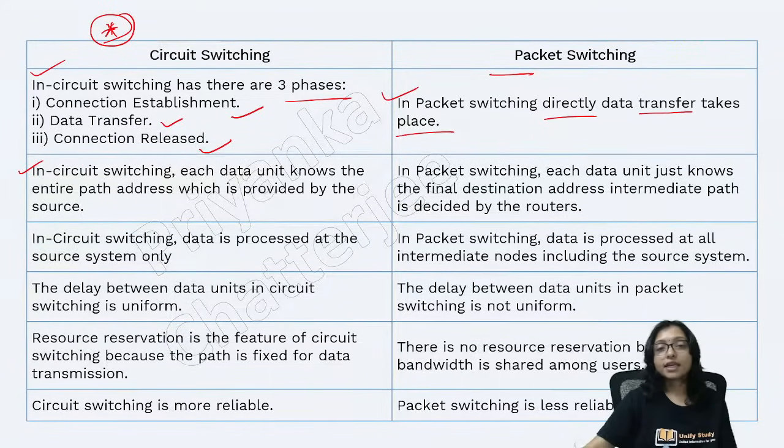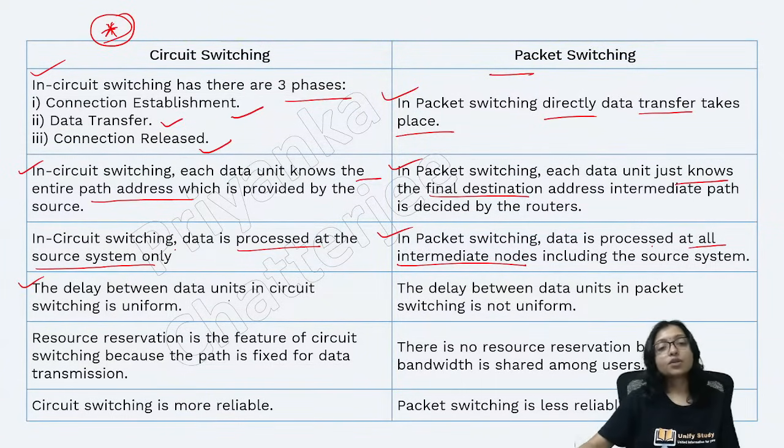In circuit switching, each unit knows the entire path address. In packet switching, it just knows the final destination. In circuit switching, data is processed at the source system. In packet switching, data is processed at all the intermediate nodes.